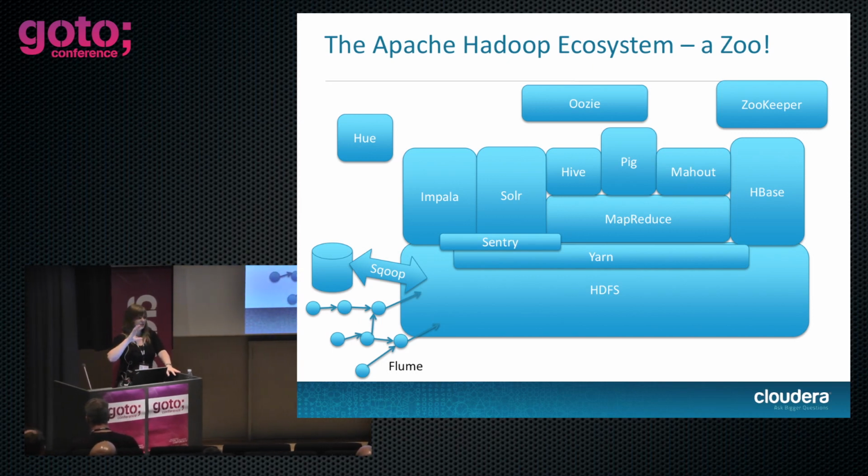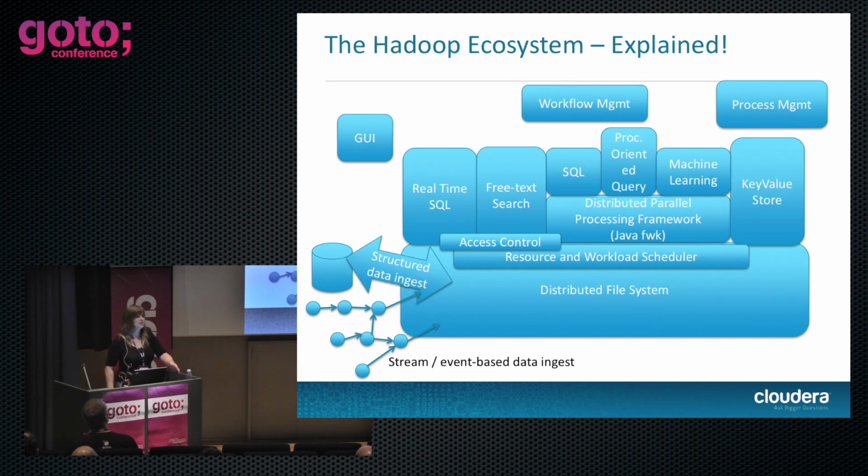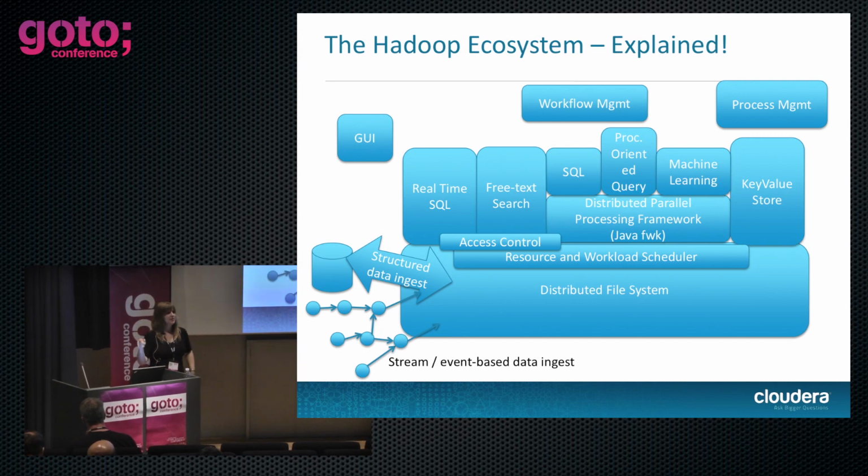HBase, quickly said, is a key value store. It's a different way of storing your data if you have use cases that demand quick lookup for a specific ID. And it's also column oriented. This is excellent storage for click streams, for instance. For a specific user ID or IP address or what have you, you save all the clicks on your website for that ID.